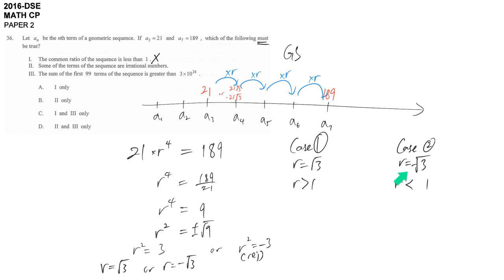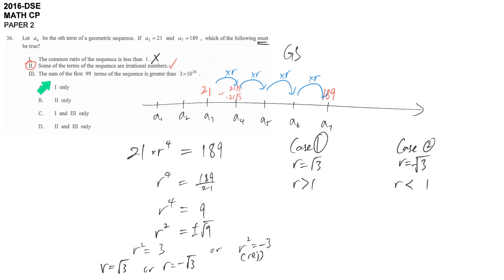No matter what ratio it is, it will create an irrational number because of the square root 3. Whether the sign is positive or negative is not important. Square root 3 will create irrationals, so this is always correct. We accept the second statement.